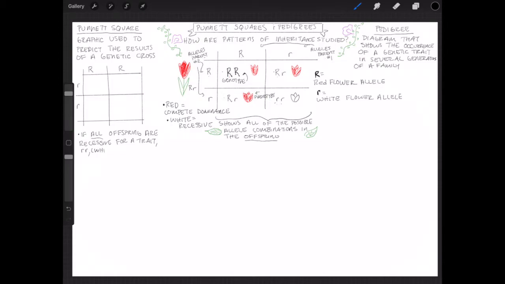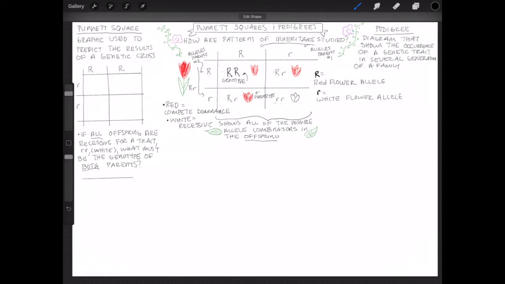In this instance, with my white tulips, what must be the genotype of both parents? Write your answer for that question right there.